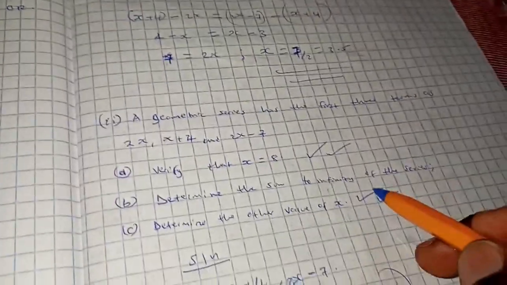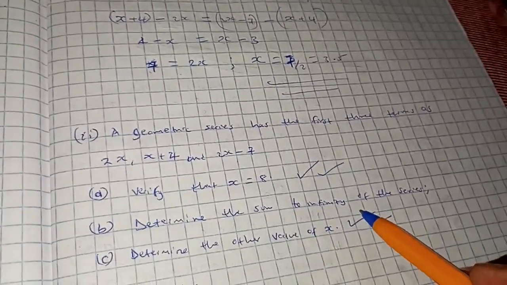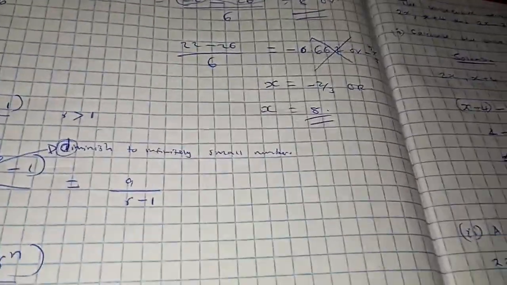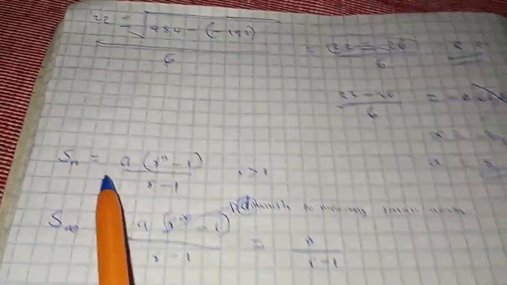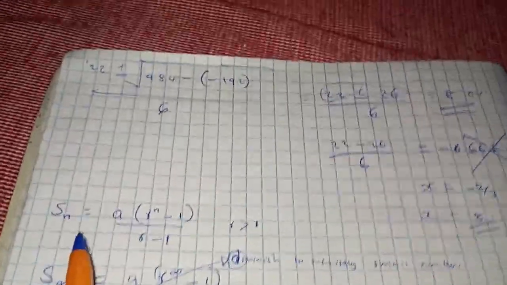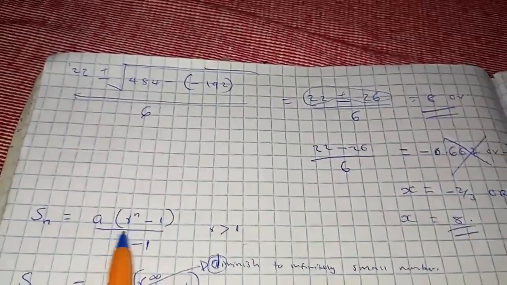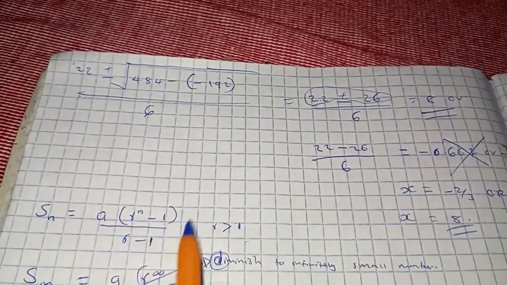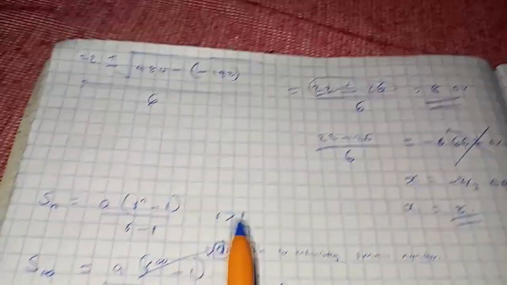So today we build on this, determining the sum of the infinite series, or the sum of infinite n terms. From the formula of a GP, the sum of n terms is given by a times r to the power n minus 1, divided by r minus 1, if r is greater than 1.